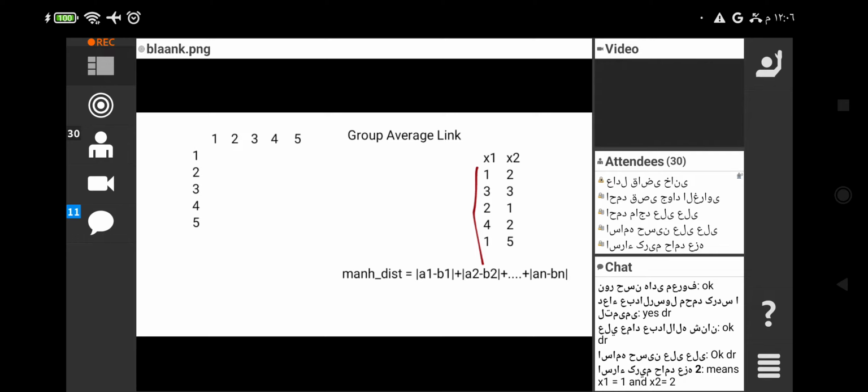If we have two data, A and B, and each of them has n dimensions: A1, A2, AN, B1, B2, BN. Then the Manhattan distance would be this. Okay, no problem.